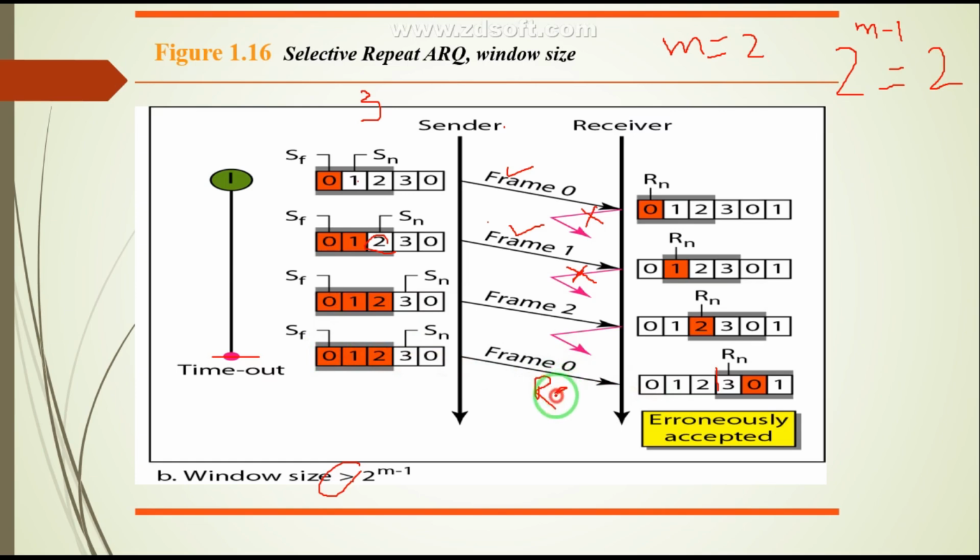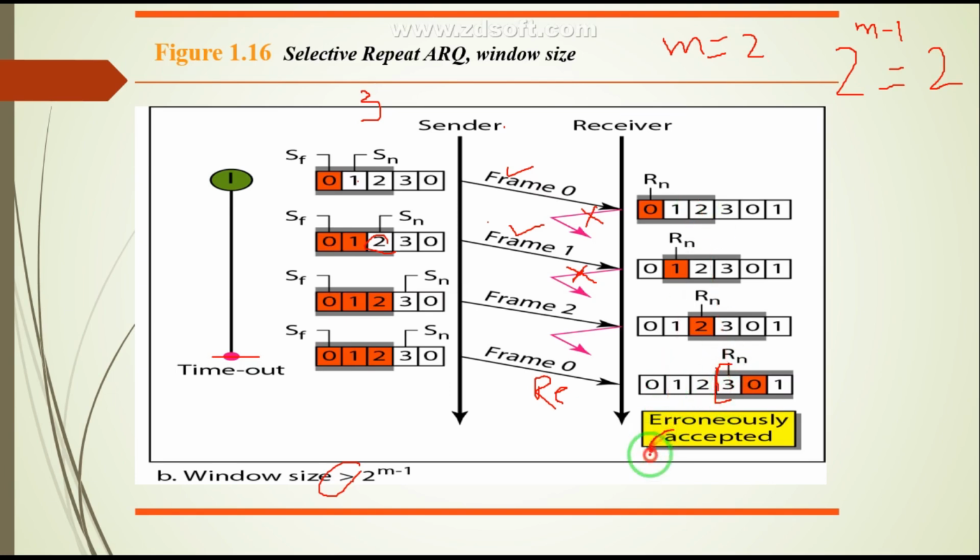But what the receiver is thinking: Rn in this window can accept the frame 0 because it is under this receive window. But the receiver is thinking it is a frame 0 of the next cycle. Unfortunately, it means an error has been introduced, but it is not detected by the receiver.